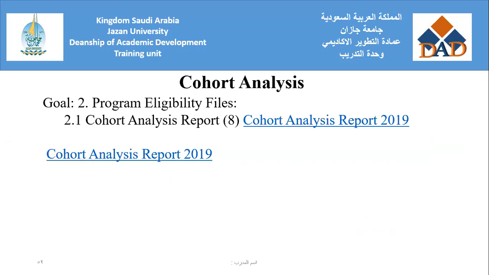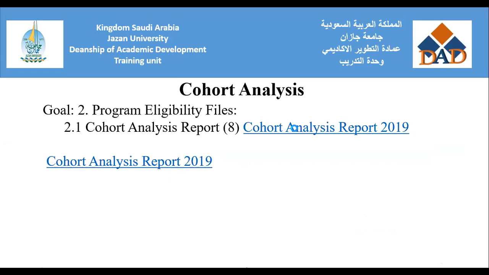The second file represents a cohort analysis report. Once we finish the interpretation and all these things, we make a report from this data, the clinical nutrition program cohort analysis report.